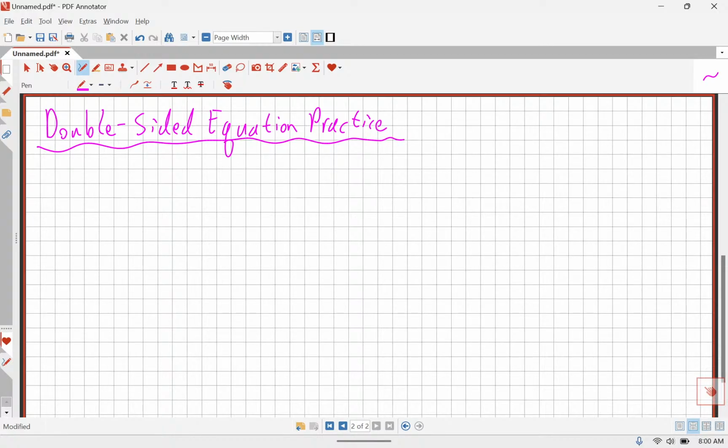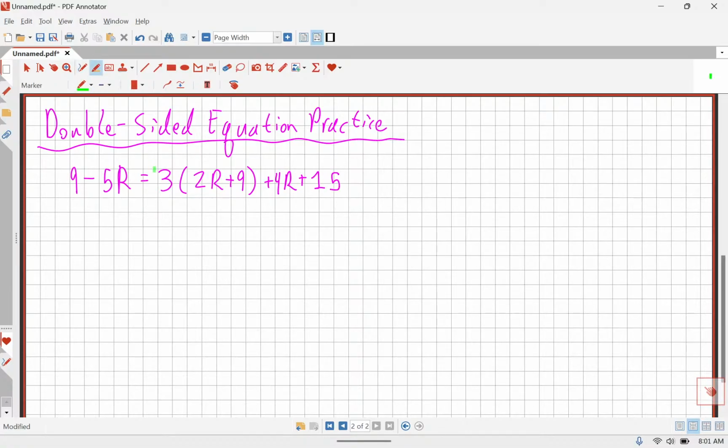So the whole thing about doing these double-sided equations is that we just have to make them look like the other ones. All we have to do is work with them until they look like a two-stepper equals a two-stepper and take it from there. So even if I give you something that looks unpleasant like this one, 9 minus 5r equals 3, open parentheses, 2r plus 9, close parentheses, plus 4r plus 15.